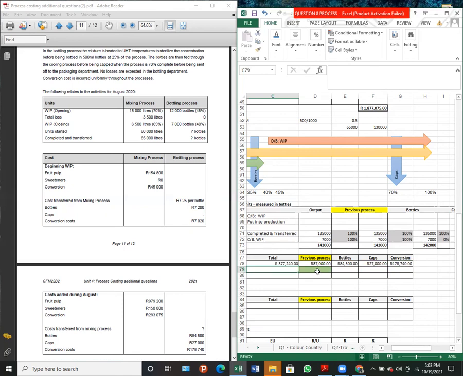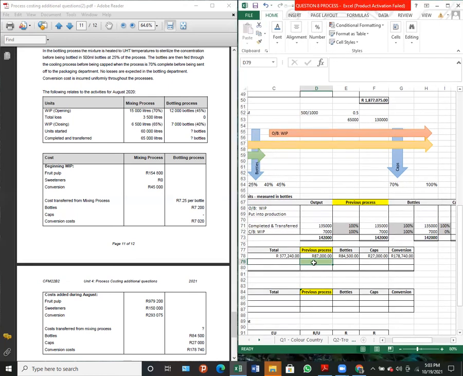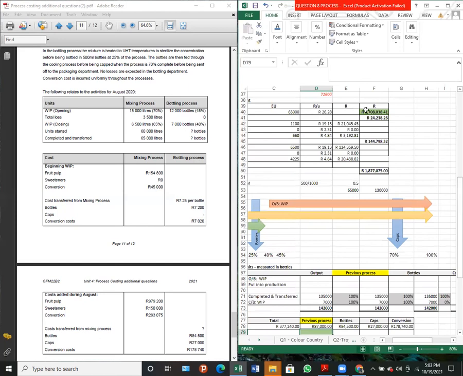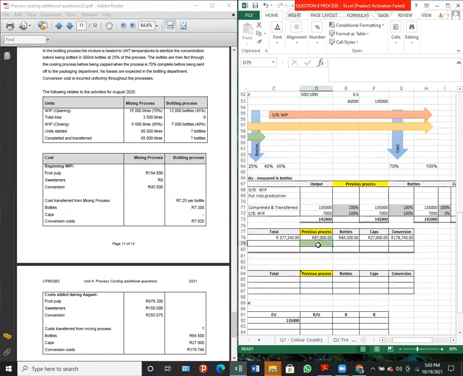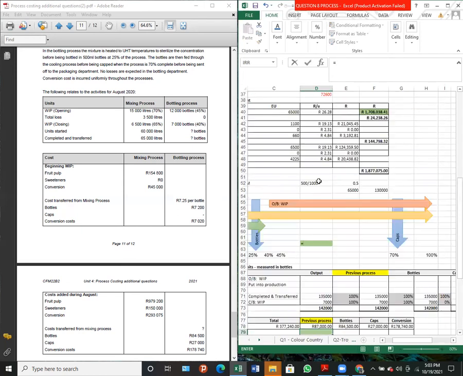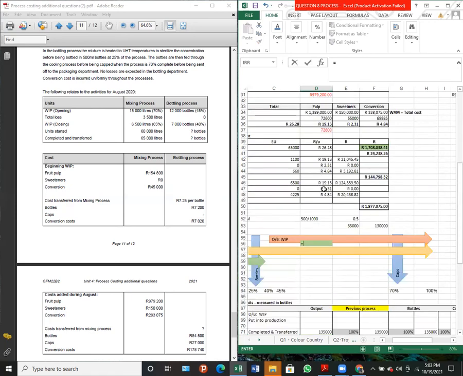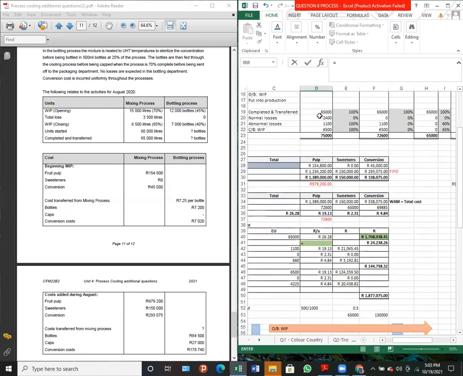Ne? You still remember on this, guys, how did I calculate this? And then I said this amount, guys, we are going to use as the current one. But let me show you how we calculated this. We took completed and transferred, ne?